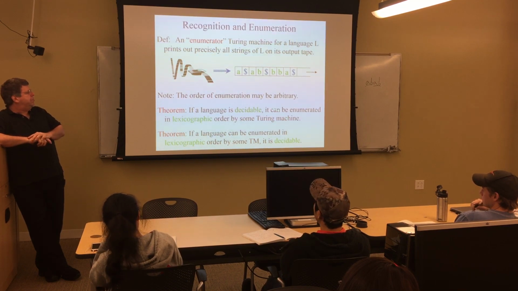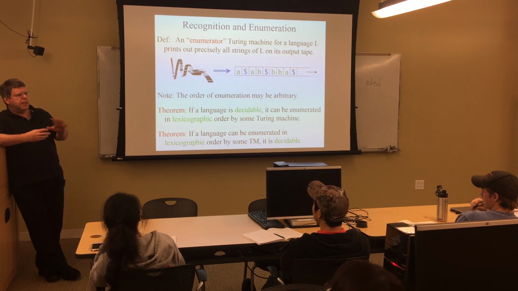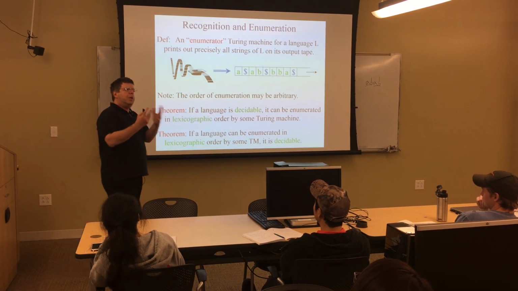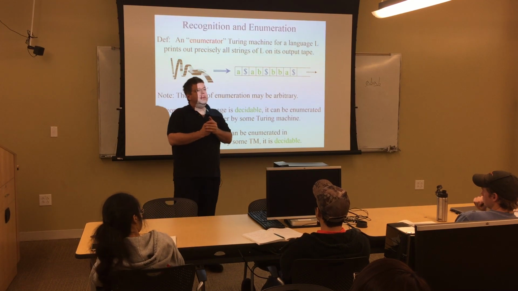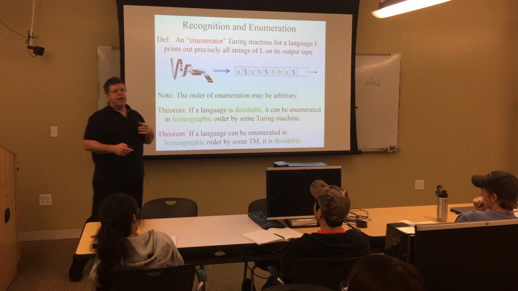So what we're saying is you can always build a decider from a lexicographic enumerator, and vice versa. You can always build a lexicographic enumerator from a decider, conversely. It's always true. And I still don't get the warm, fuzzy feeling that all of you get about this. So you want to ask me more questions about this? Or are we good? Okay.